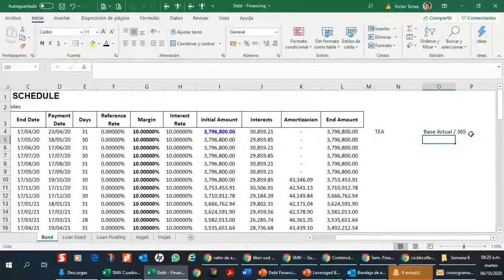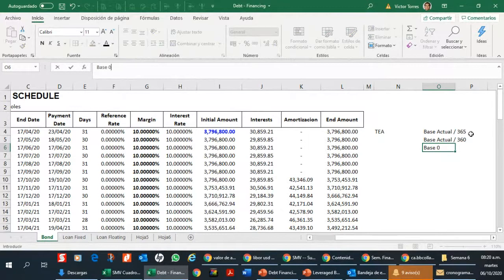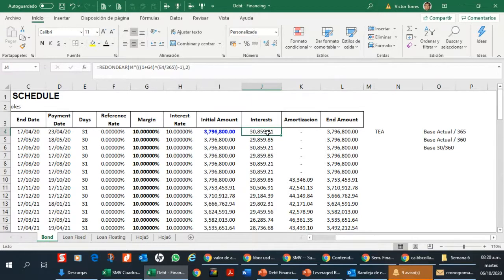But what other alternative you have, you can also have actual over 360, right? And that basically depends on the bond contract, right? Less and less common is actual over 360 as part of the structure that you will be having in this particular setting, right?